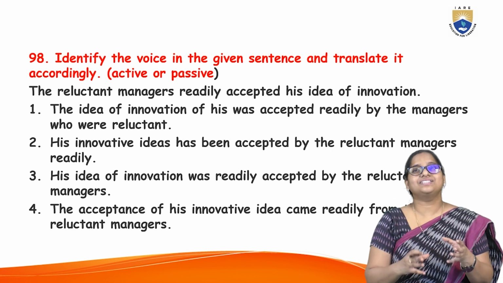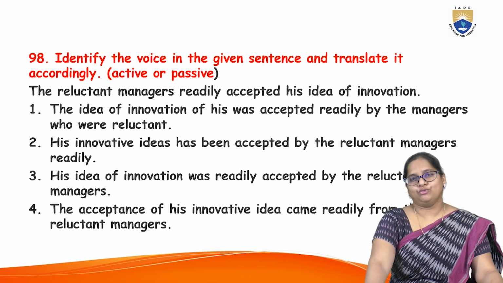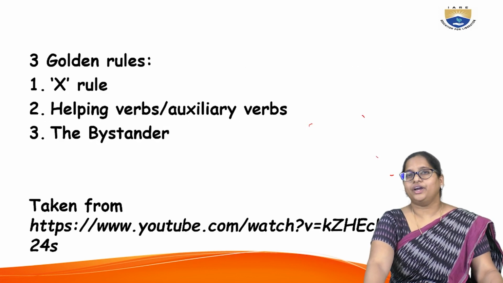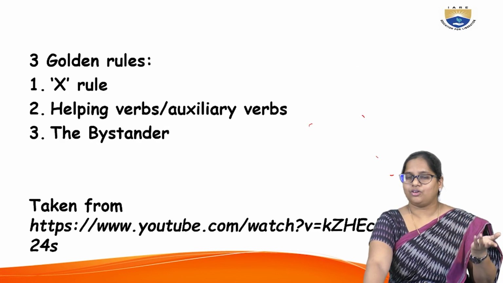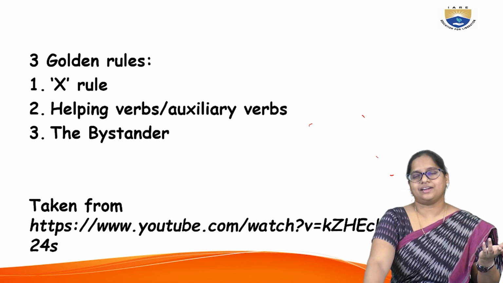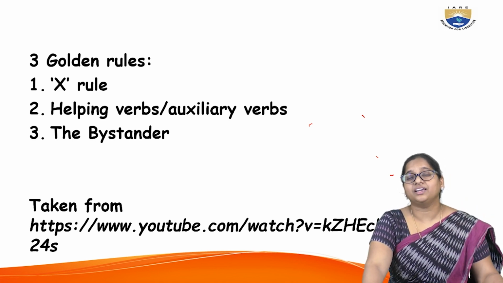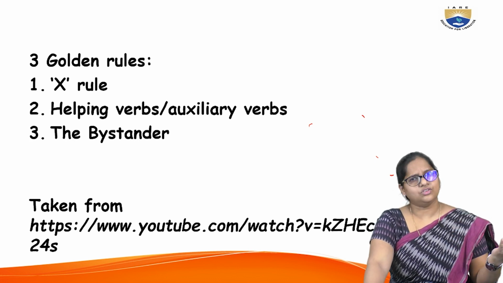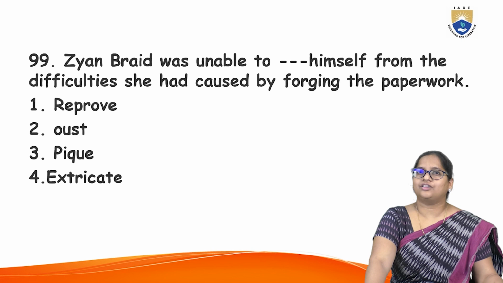So this will be assisted by further helping verbs. That's why it was accepted. So what you have to remember is you have to use these auxiliary verbs. Number three, the bystander. What is it? You are reporting. It has been done. It was done. It is being done. Those three golden rules are very important.